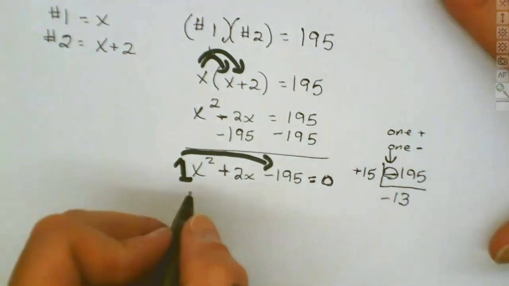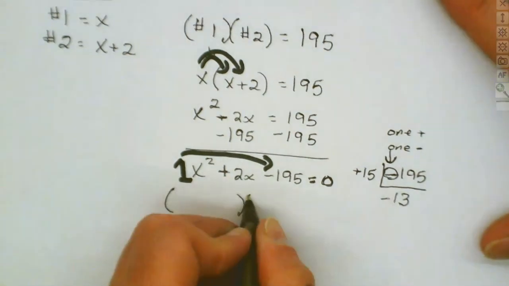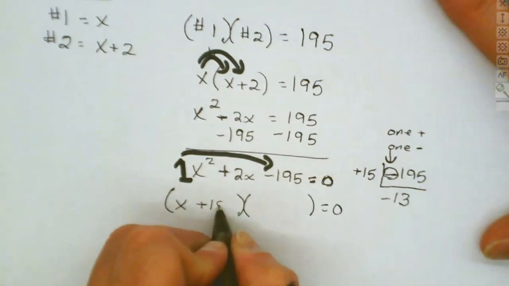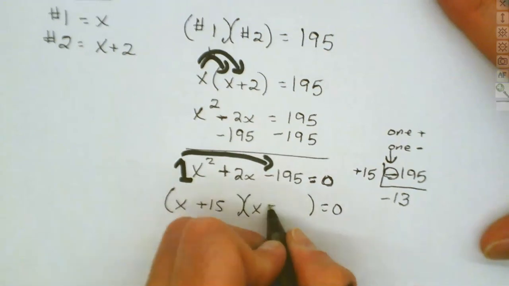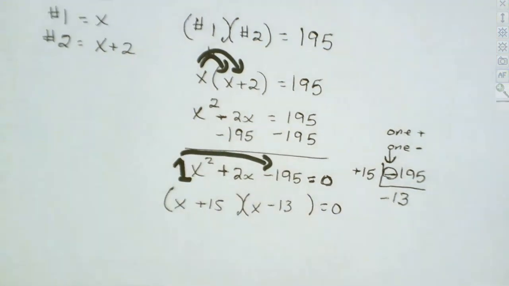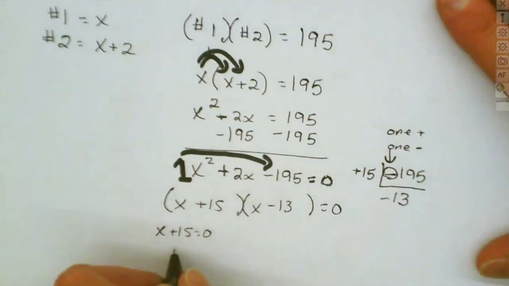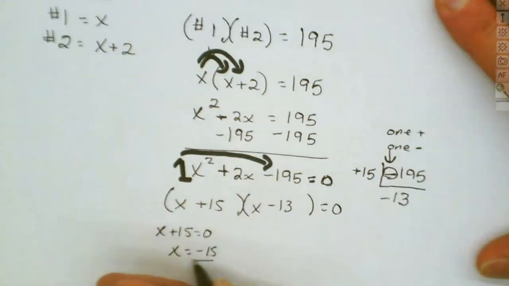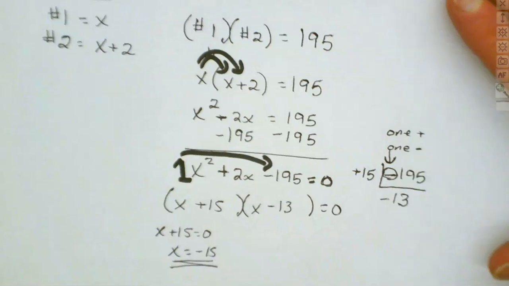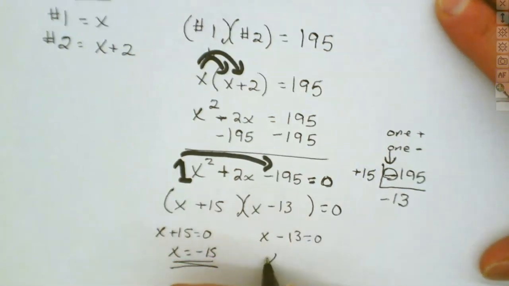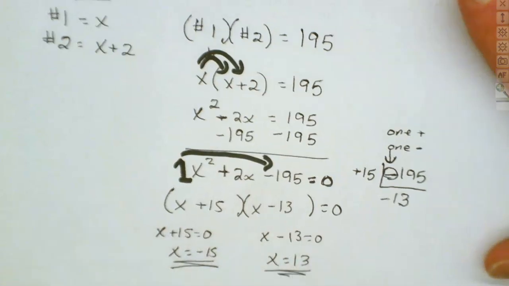We can jump directly to our factors: x plus 15, x minus 13. x plus 15 equals 0, so x equals a negative 15. x minus 13 equals 0, so x equals positive 13.